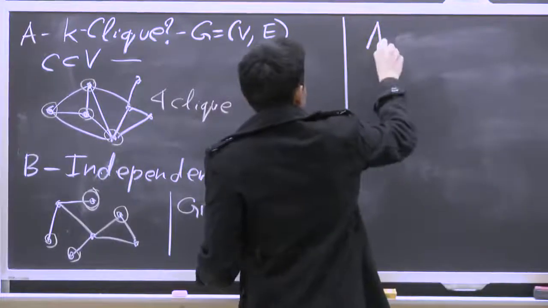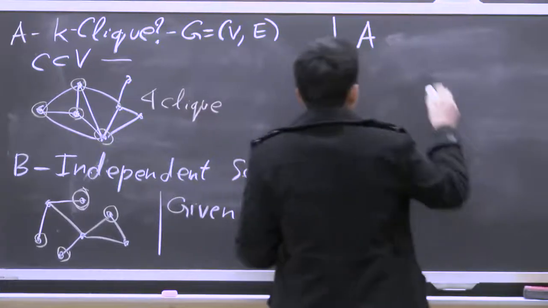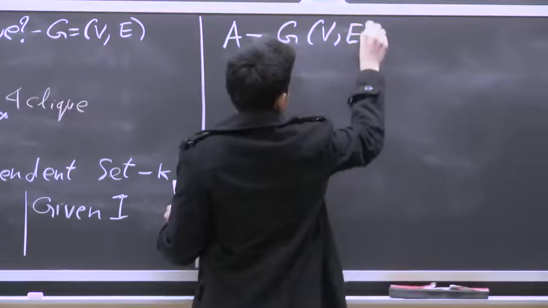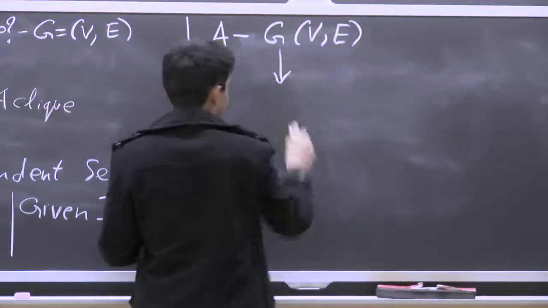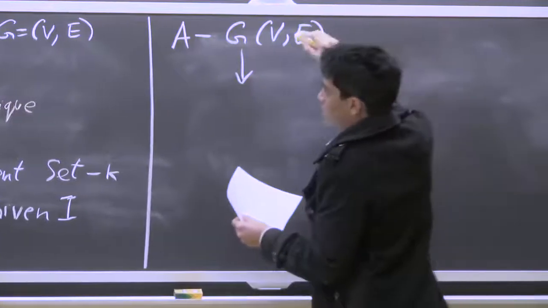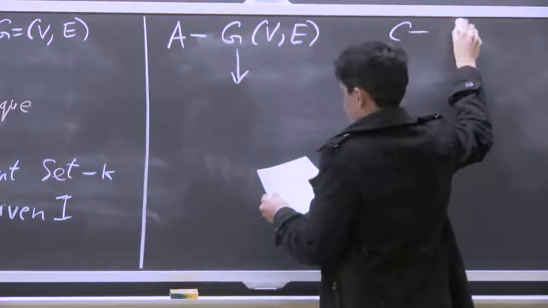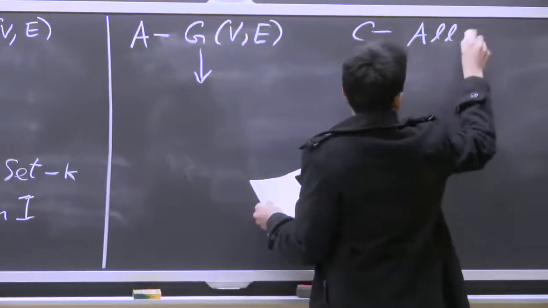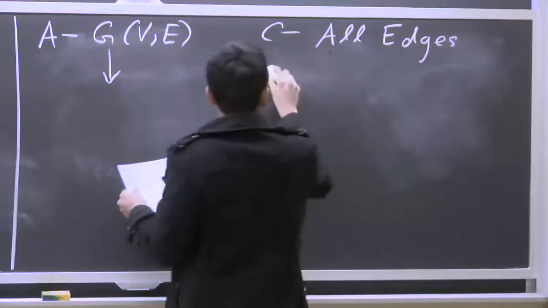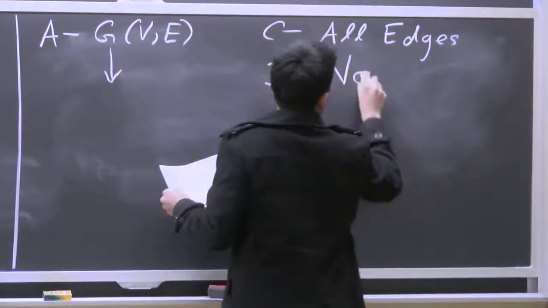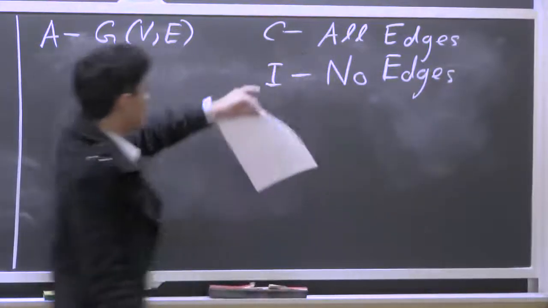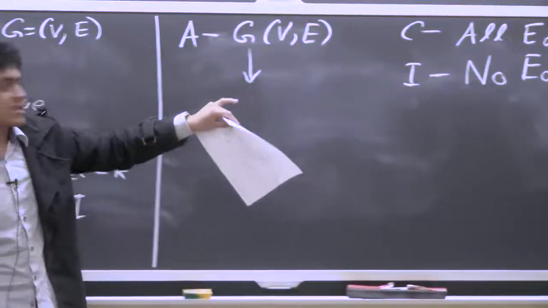So now let's look at a transformation. Again, as before, you have A, which is given by a graph, and you want to transform it to something. The important thing to note here is that in a clique C, all pairs of vertices are connected.